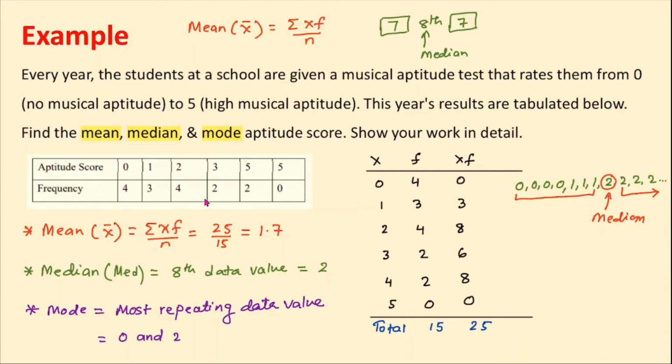Both of them occur 4 times. Other values occur less than 4 times. This is how we can solve a problem like this one. So here we got mean 1.7, median 2, and modes 0 and 2. So we completely answered this question.